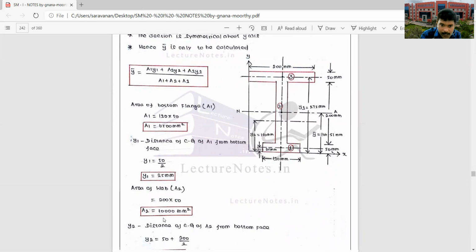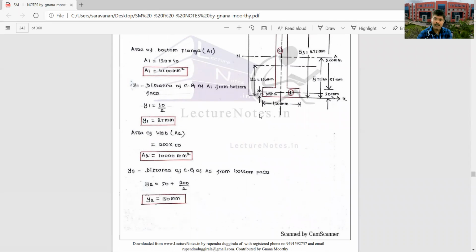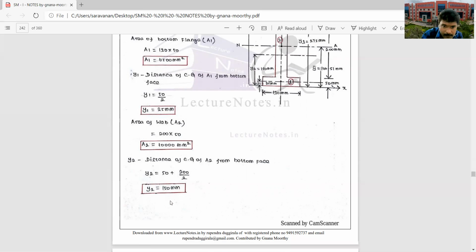And y2 is the distance of the CG of the web area from the bottom. From the bottom to the flange height is 50, plus half of the web, 200 by 2, which is 100. So 50 plus 100, y2 is 150 mm.